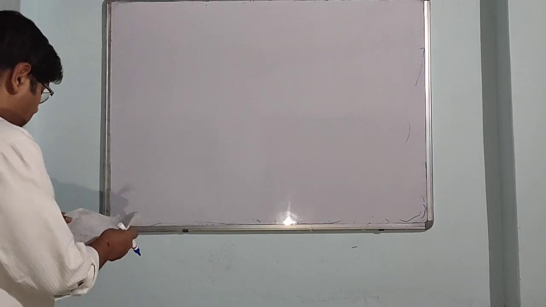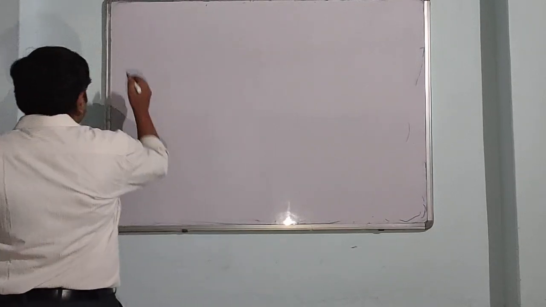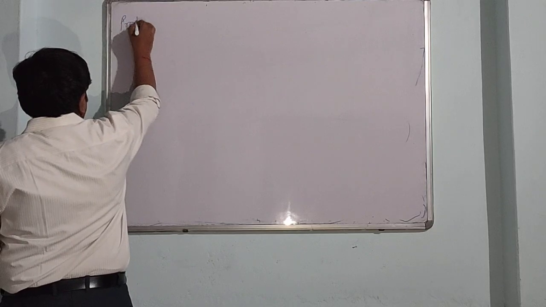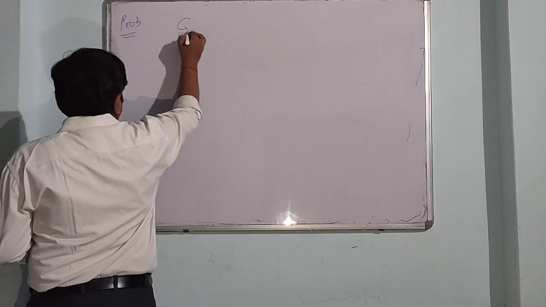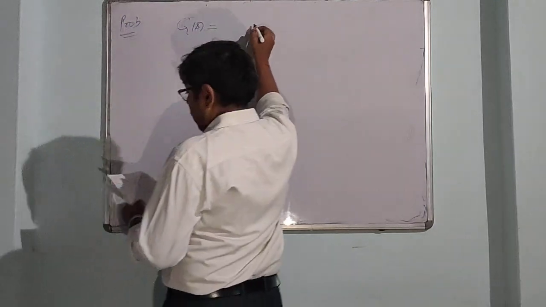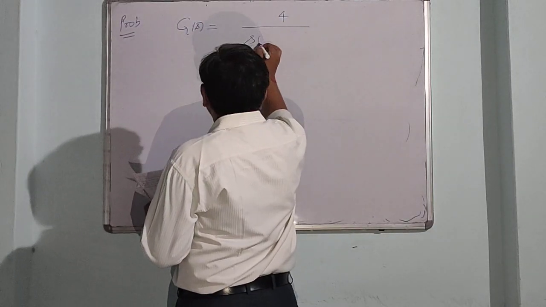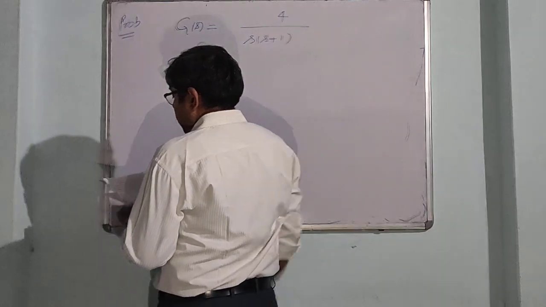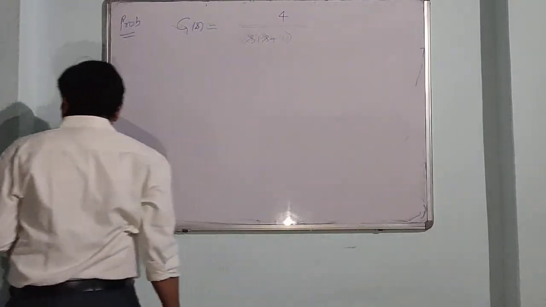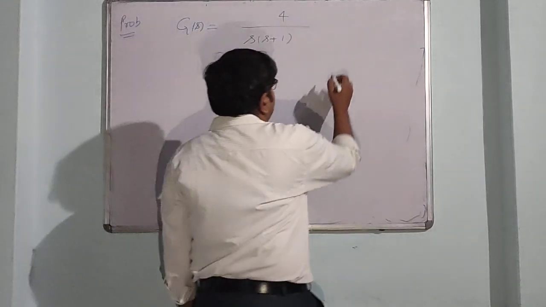Now we are checking another example. Suppose G(s) is given for a negative unity feedback system.